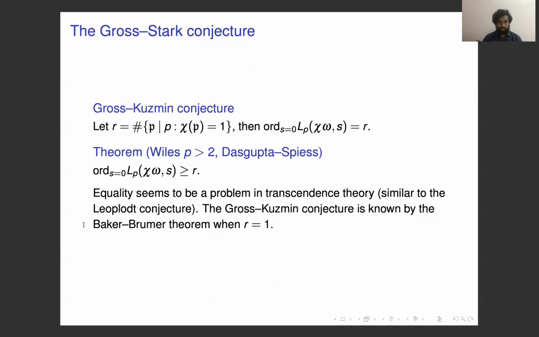Again, this uses a hard p-adic transcendence theorem due to Baker-Brumer, the theorem about linear independence of logs of algebraic numbers. Nevertheless, this Gross-Kuzmin conjecture is known when r is 1.